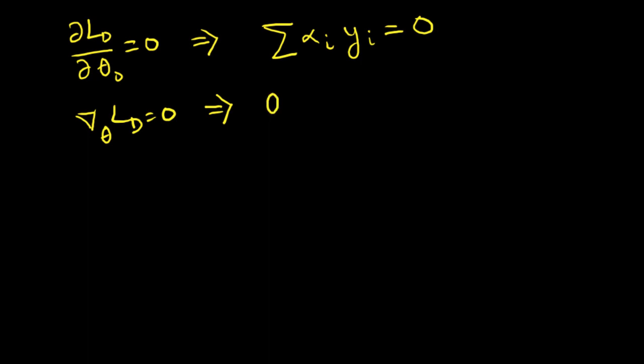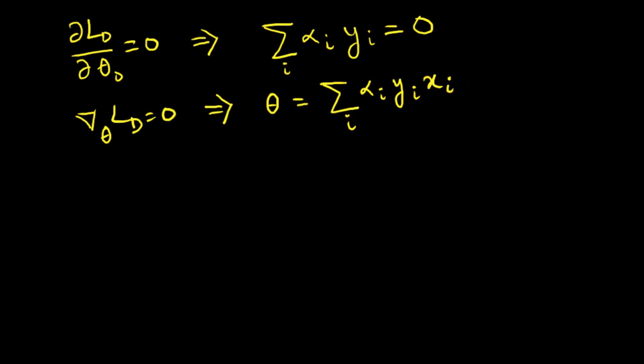So what we get is that your theta is equal to summation over i of alpha i yi xi. So this xi is a vector and theta is also a vector of the same dimension. And like earlier, we choose alpha i's to be non-zero only for the support vectors. So this alpha i is 0 only for the xi's which lie on the margin.